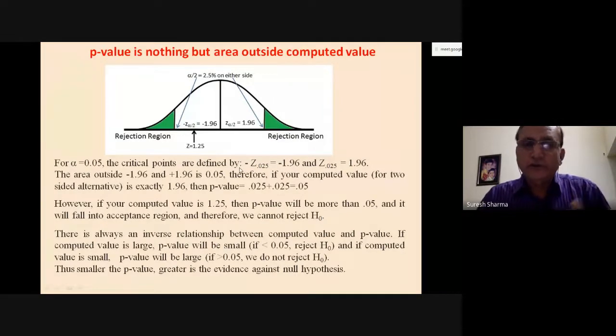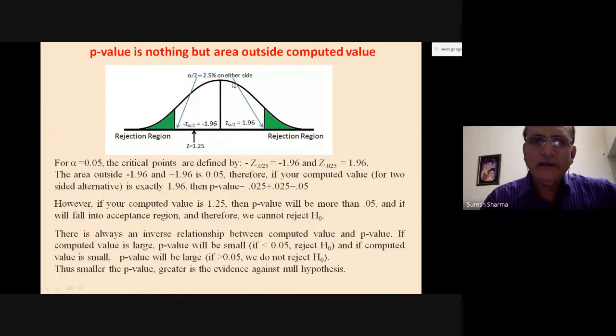And the same way, the opposite. Suppose your computed value is 1.25. 1.25 will come somewhere here. Then I'll put a line here, and also at minus 1.25. The area outside this will be the p-value, and then the area will increase. Once the area increases, it will cross the boundary of the critical region and fall into the acceptance region, because the white region is the acceptance region.